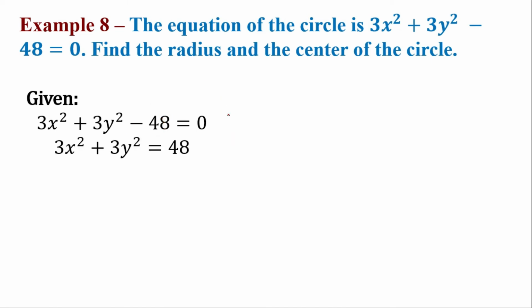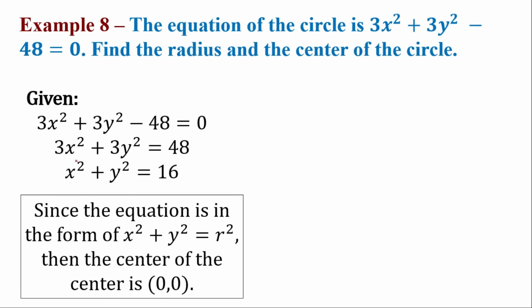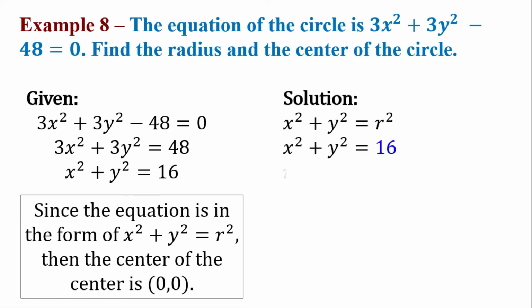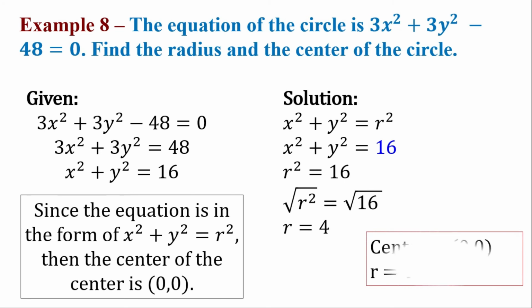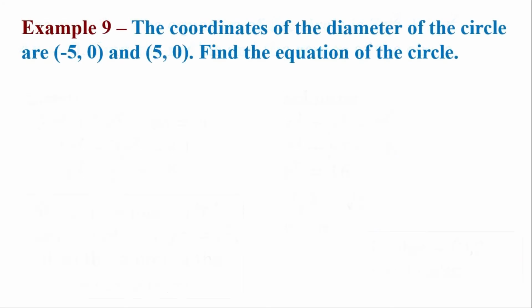So you'll be getting this as your answer. Now divide both sides by 3, giving you the next equation. Now with this, you can say that the center is at 0, 0, and let's equate r squared to 16. And that would give us r is equal to 4. Now the center is 0, 0, and the radius is 4 units.